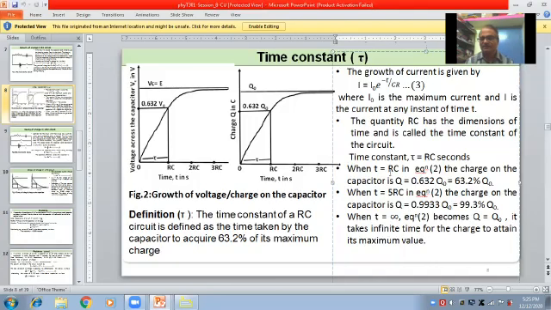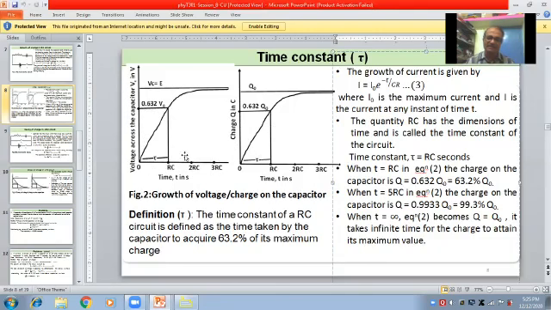So when T is equal to RC in equation 2, the charge on the capacitor is 63.2% of its maximum value. So that is shown in these two figures. In these two figures, the voltage across the capacitor is plotted as a function of time, and here the charge on the capacitor is plotted as a function of time.